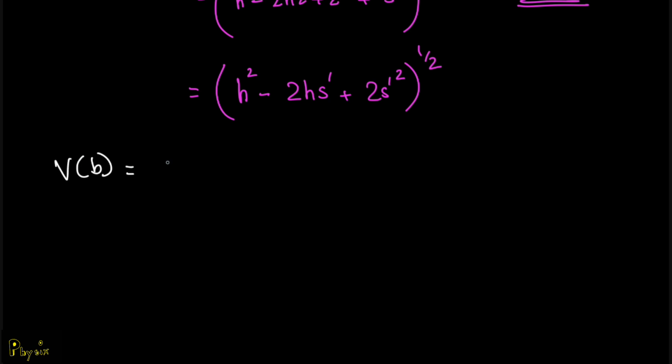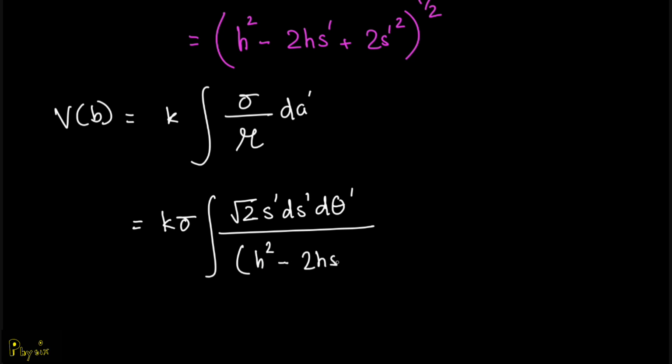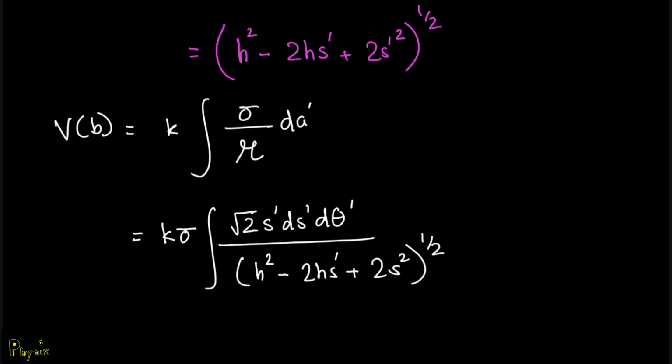So VB is, of course, k times sigma all over the displacement vector's magnitude times dA prime. Okay, so k stays over here. Sigma is a constant, you can pull it outside, and we know what dA is, which is the square root of 2 s prime ds prime d theta prime, all over the magnitude of the displacement vector, which is h squared minus 2h s prime plus 2s prime squared raised to the power 1/2.